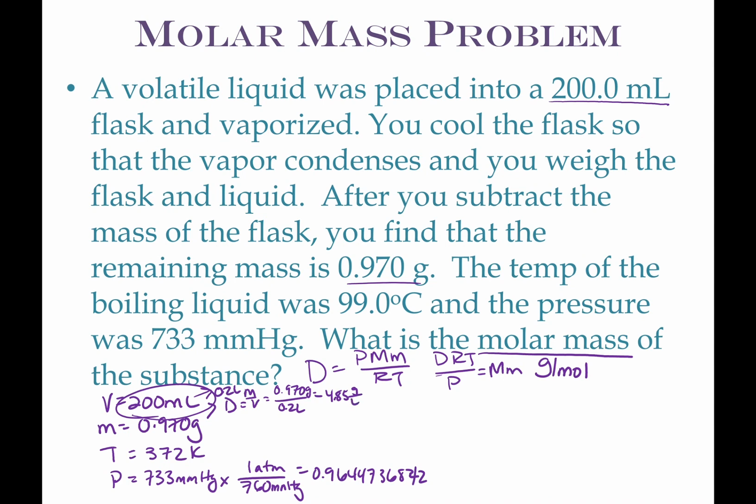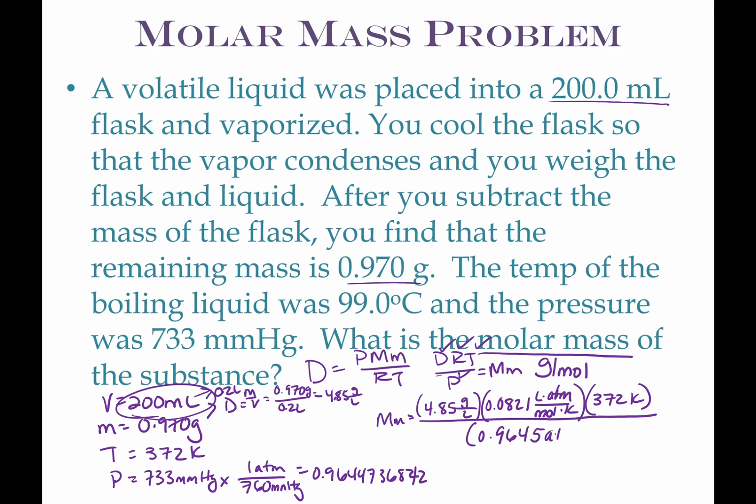So now I have density, I have R, I have T, and I have P. So let's stick that in there and say molar mass is equal to 4.85 grams per liter times 0.0821 liters times atmospheres over mole times Kelvin times the temperature of 372 Kelvin divided by the pressure, which is 0.9645 atmospheres.